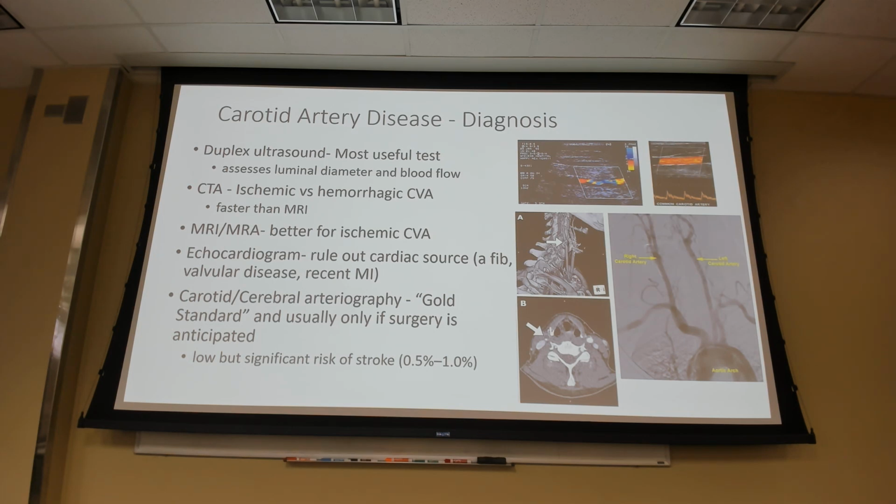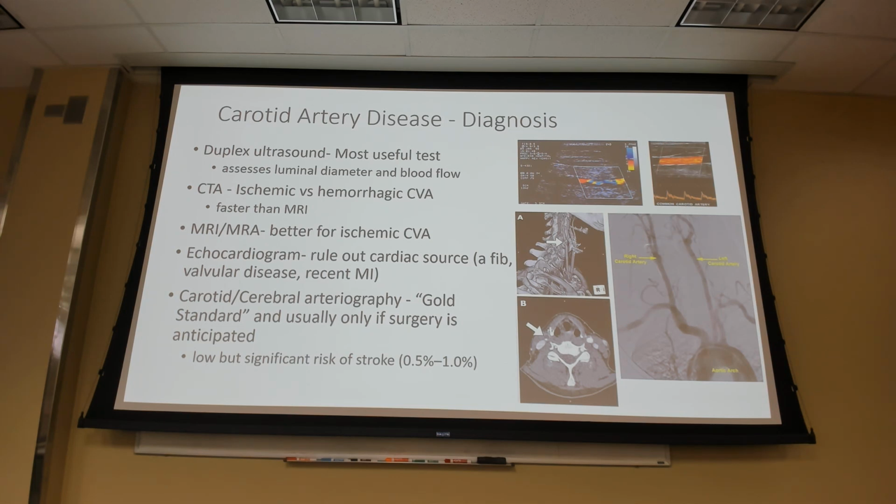Now, if you're at a stroke center, they might have MRI. We're not going to talk about that. If they're a stroke center of excellence, they may have MRIs emergently in the ED, just because they have the neurosurgeons there to operate on these. But most places still use a CT angio.